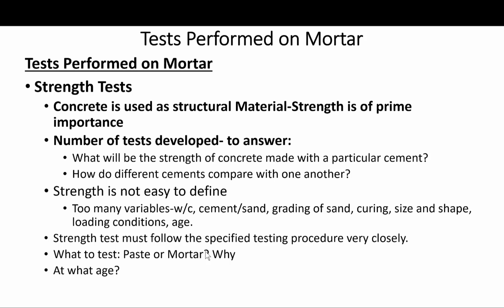So the list goes on and on. In view of these many variables, it should be clear that any strength test must follow the specified testing procedure very closely. And again, as I said, consistency and care during conducting these tests.